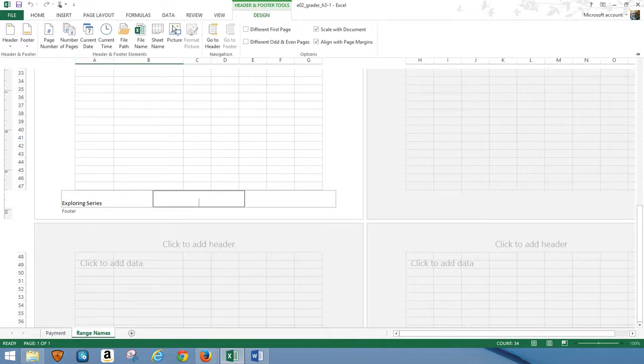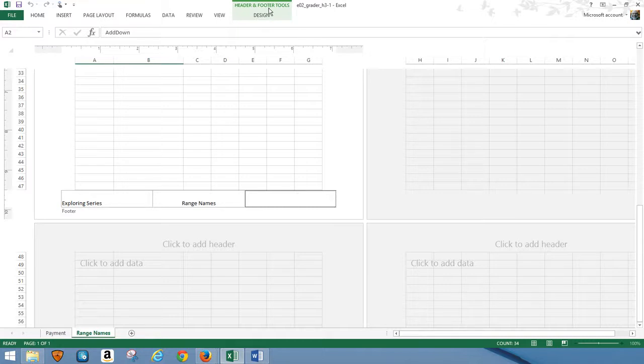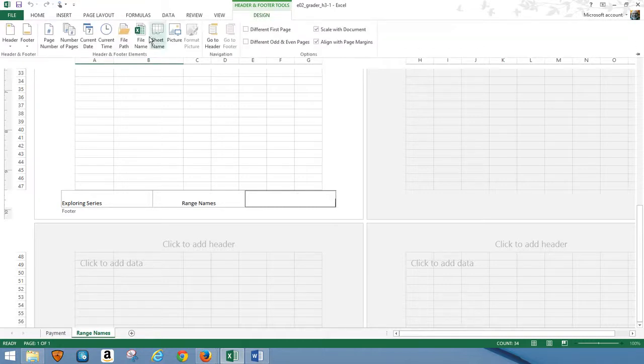When I pull down Design, we want the sheet name code. Here's the sheet name. I don't see anything that says code, so I assume what it means is this is the code it wants that's going to put the sheet name in here when we print. And over here, we do the same thing, and we have file name. Okay, so now we have 16 finished.